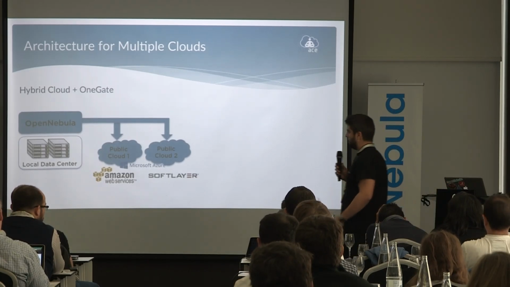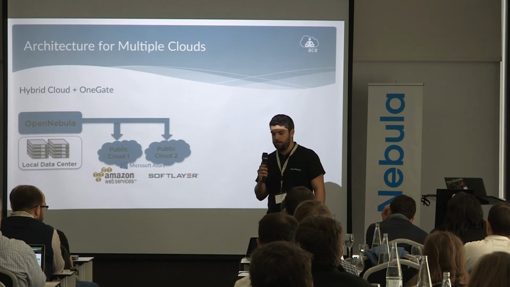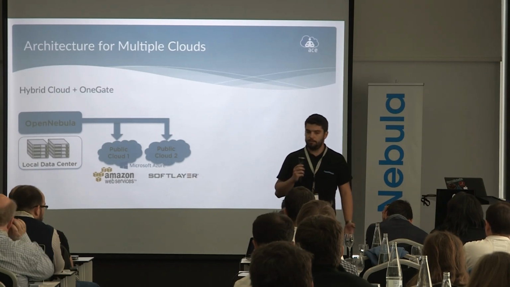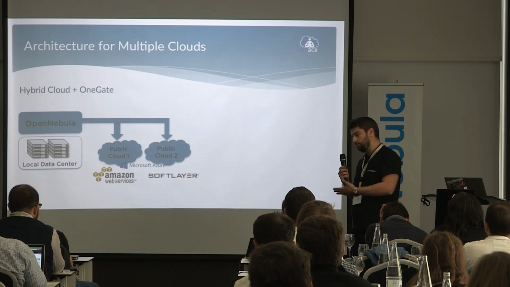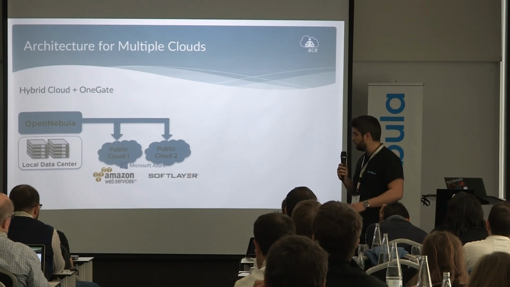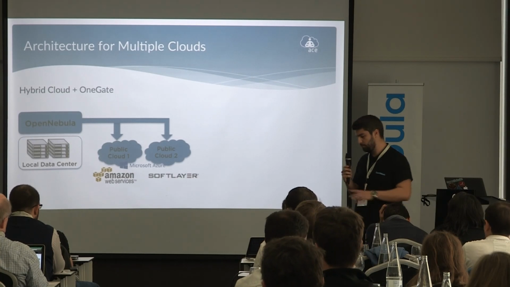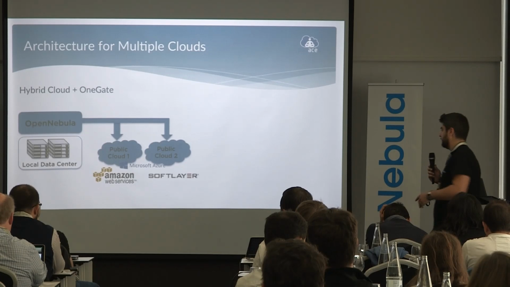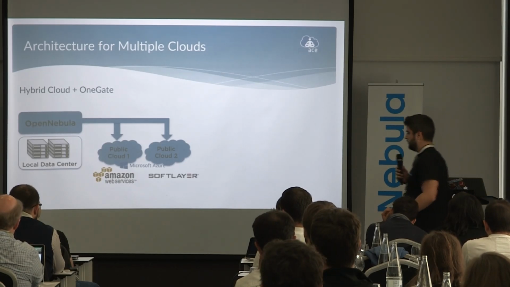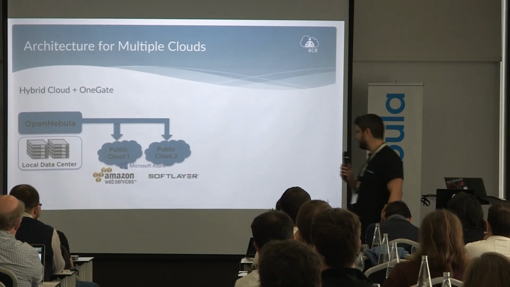The problem that we found here is that OneGate does not work with virtual machines instantiated in public cloud providers. So we are extending OneGate to be able to use it from Amazon EC2, from SoftLayer, Azure, and even with vCenter.